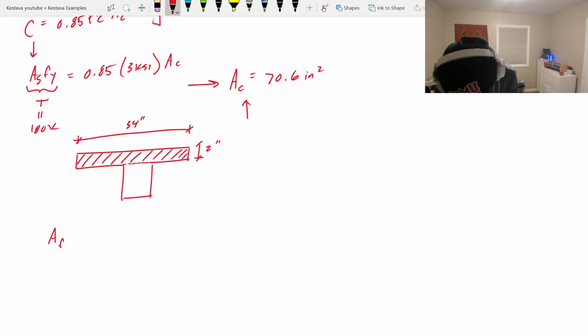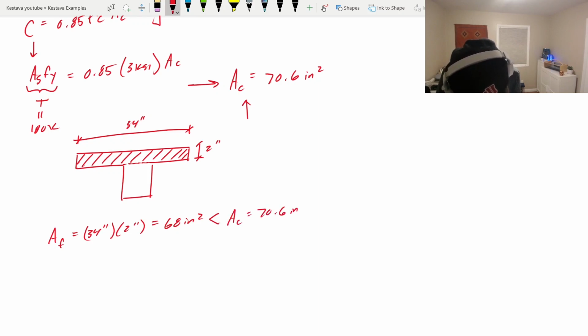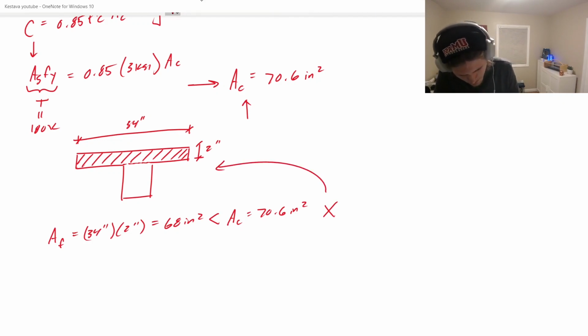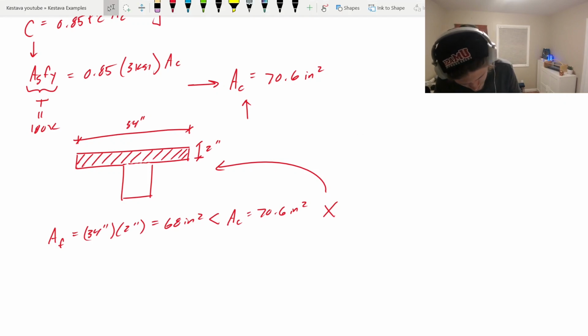A_f, for area of flange, is just equal to 34 inches times 2 inches, which equals 68 inches squared. That is unfortunately less than A sub C, equal to 70.6 inches squared. So that means we do not have this case, and we do actually have the compression block sliding down some distance into our web.